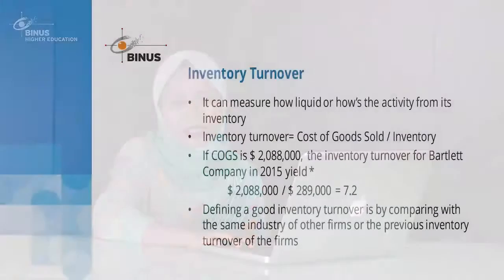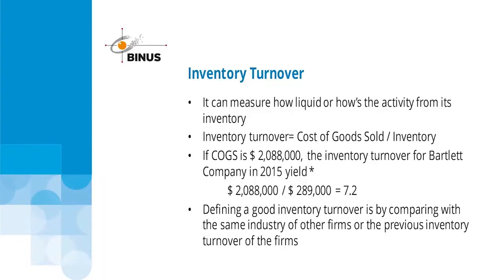The next one is the activity ratios. This is the ability of the firm to convert various accounts into sales or cash, the inflows or outflows that come from the balance sheet's activity. So we can know how it generates revenue and cash. One of the indicators is inventory turnover. It measures how liquid, or how active, its inventory is. We get it from COGS, or cost of goods sold, divided by inventory.